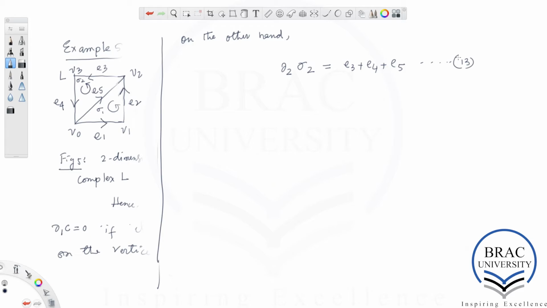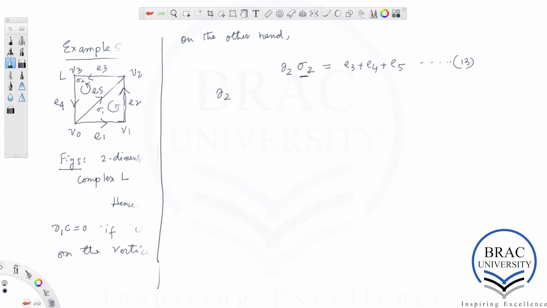And if one acts the boundary operator on this simplex, sorry, this is not a 2 simplex, so you should call it a 2 chain. Okay, the 2 chain, we take the boundary of this 2 chain, which is a one chain.